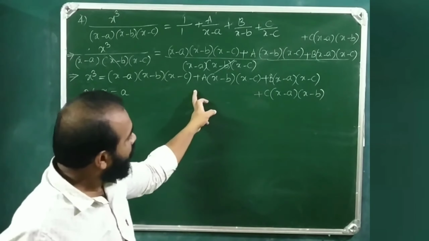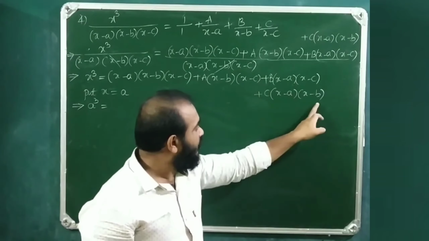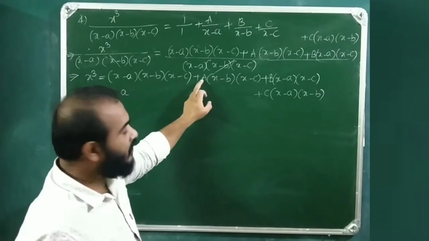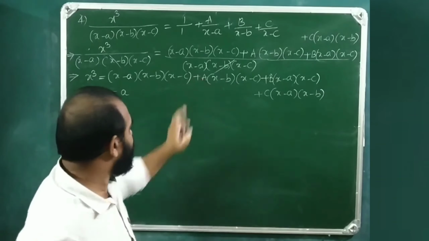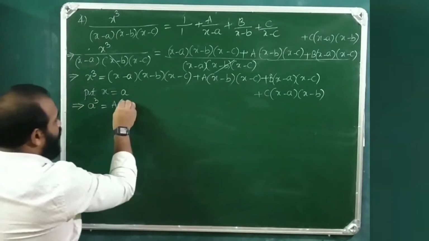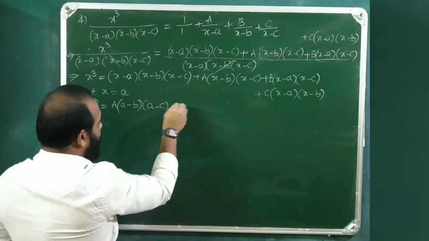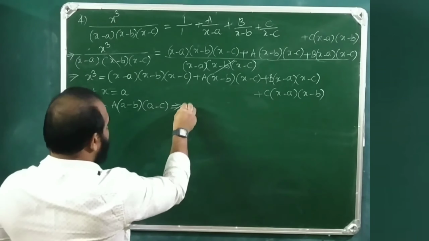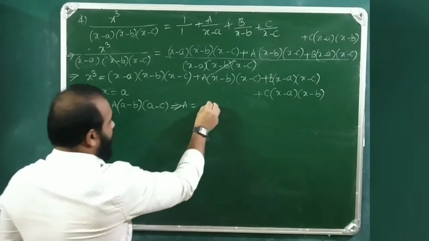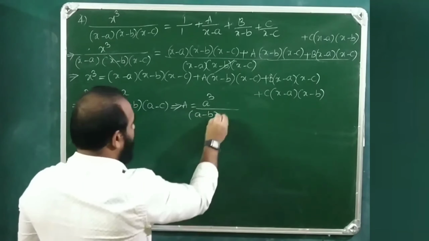So here also a minus a is 0 into this, 0. This also 0. So we are left with the A term, A into (x minus b), so (a minus b) into (a minus c). From this, A value is equal to a cube by (a minus b) into (a minus c).